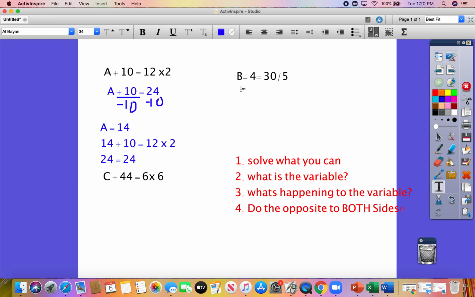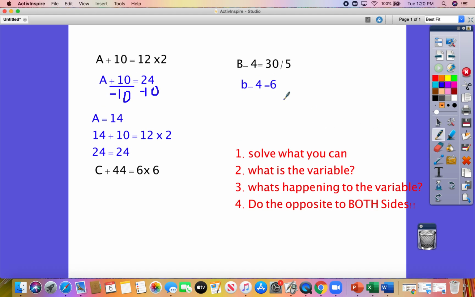Now let's move on to B. Solve what you can. I can't do B minus 4, but I can do 30 divided by 5 equals 6. So then I ask myself, what is the variable? B. What's happening to the variable? Oh, well, I know that. That's minus 4. I do the opposite of subtract 4, which is add 4 to both sides.